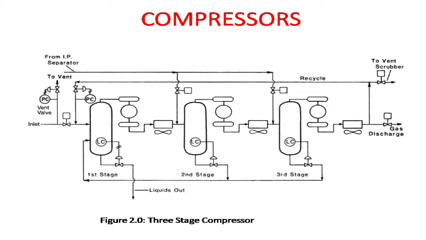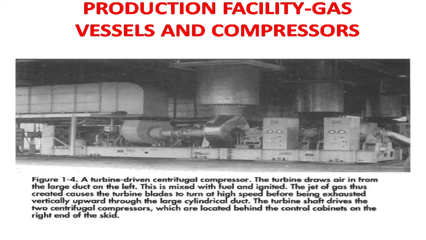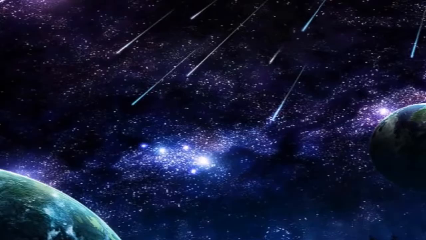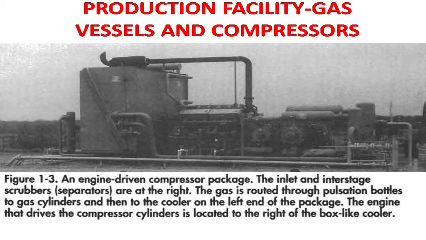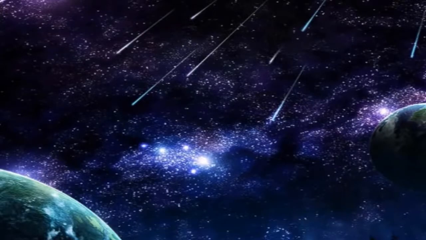There are two basic types of compressors used in production: reciprocating and centrifugal. Reciprocating compressors compress the gas with a piston moving linearly in the cylinder. Because the flow is not steady, we must control vibrations.